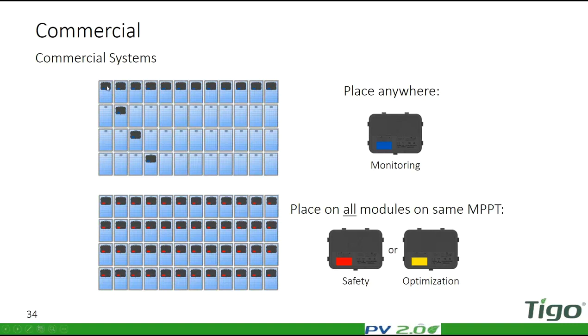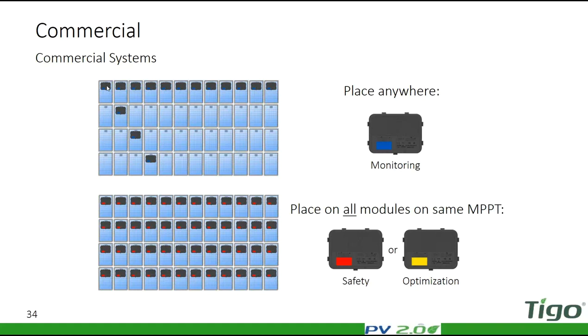If we look at safety or optimization, the way they work is that you need to have everything with safety or everything with optimization. So like we talked about with parallel strings, you do need optimization either on everything or nothing, up to you. And safety, the same. Our safety is a module level disconnect. It doesn't break the string.